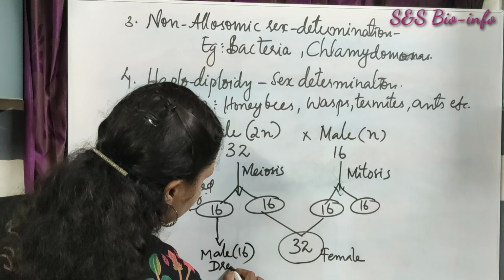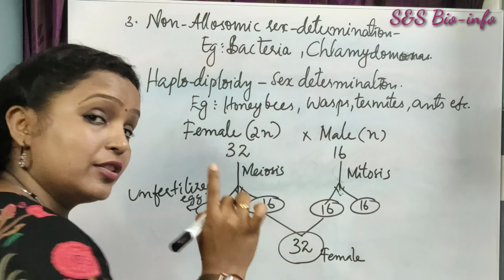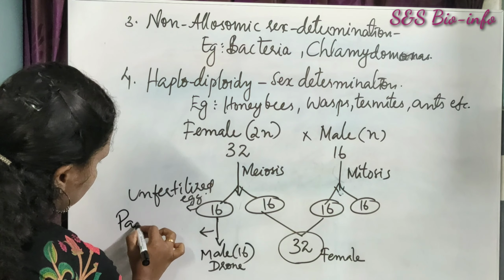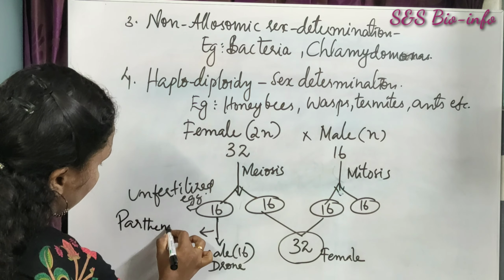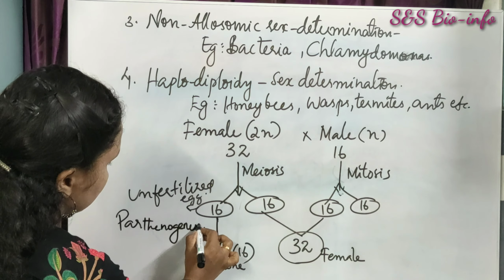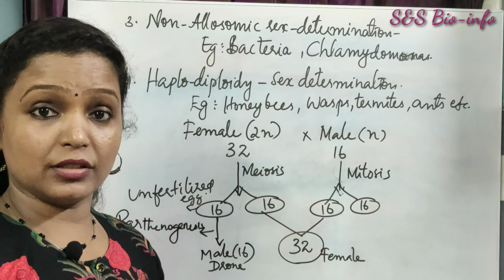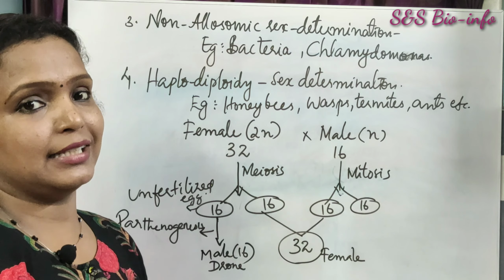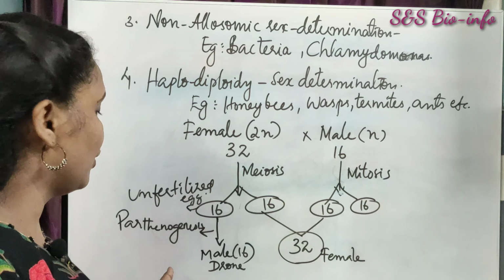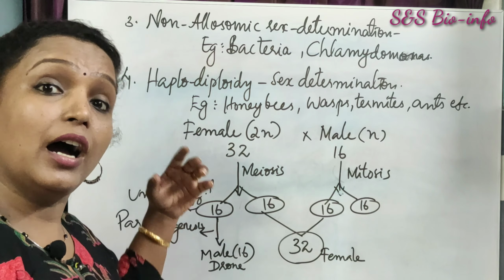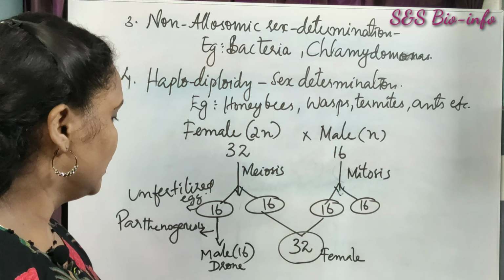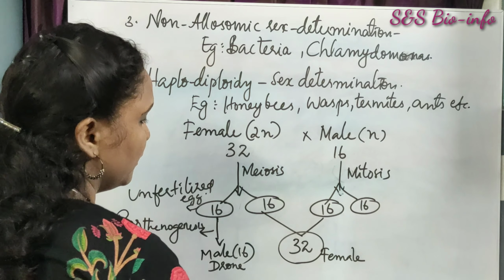It is called a drone, by a process called parthenogenesis. Then what is parthenogenesis? Development of a sex without fertilization. Here the male or drone is developed from the unfertilized egg. That is called parthenogenesis.